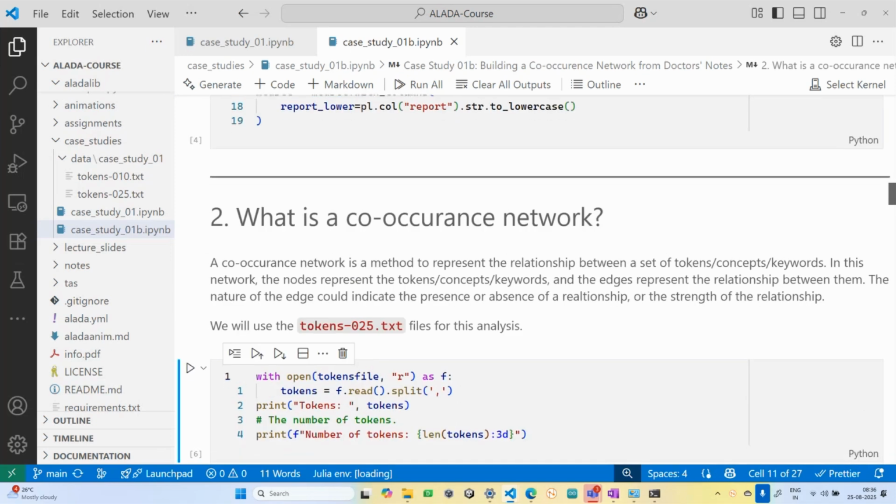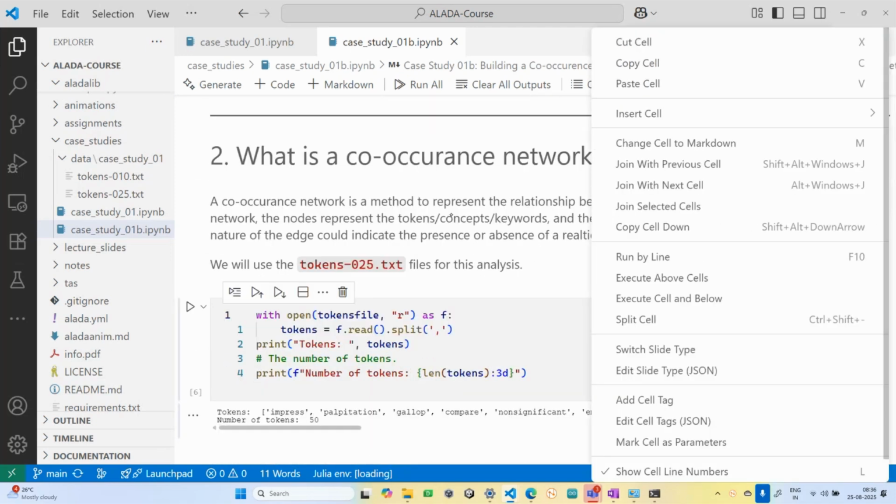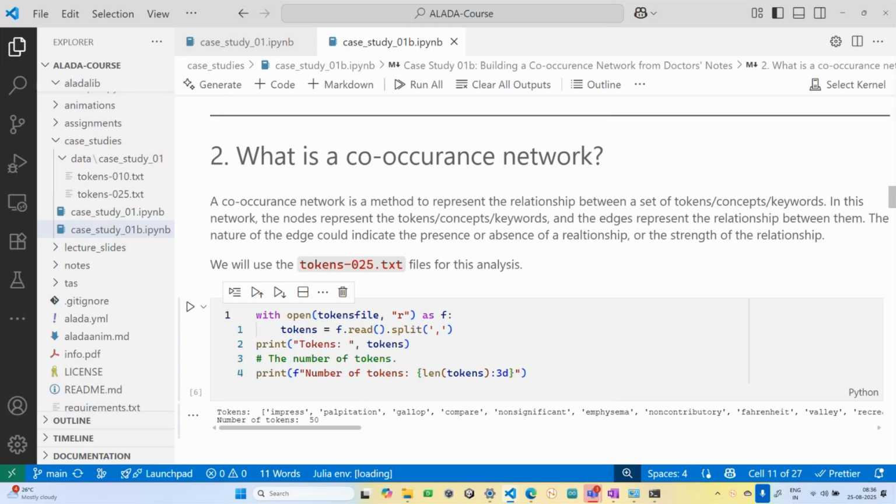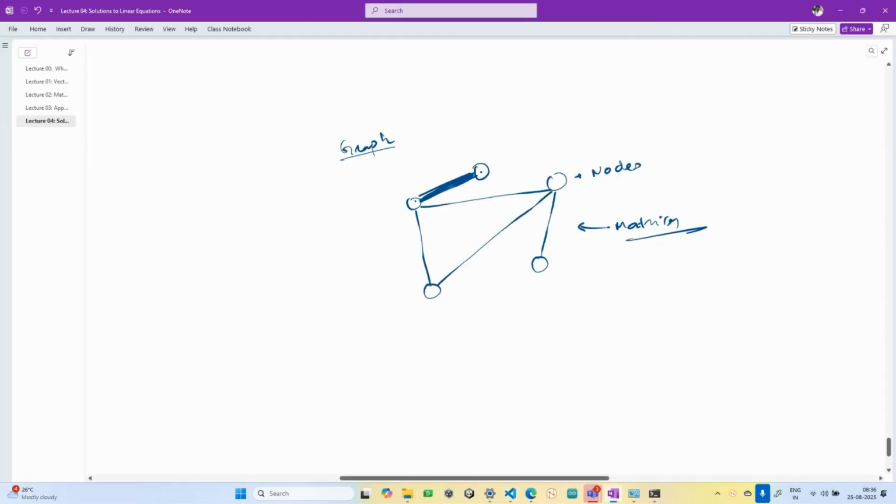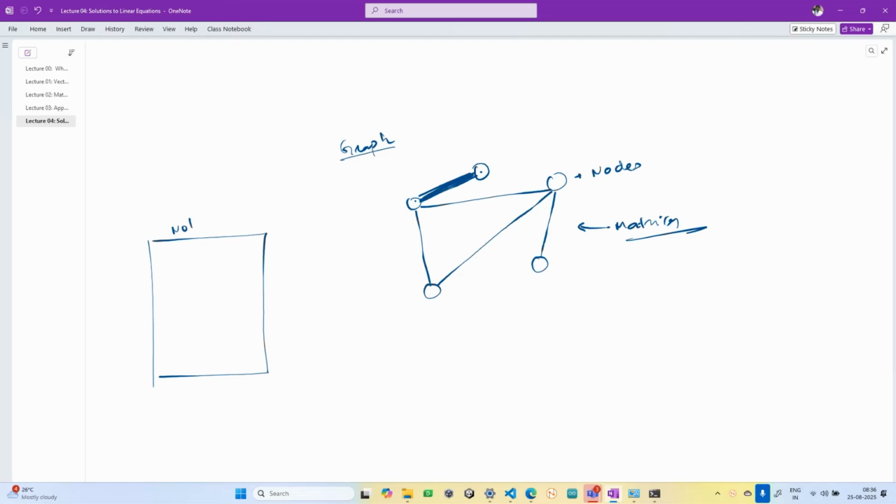Then we come to this idea of a co-occurrence network. The idea is again very simple. You have your medical nodes. Each row represents an individual node.